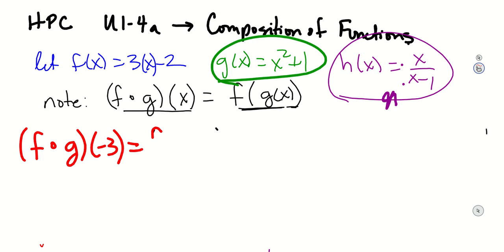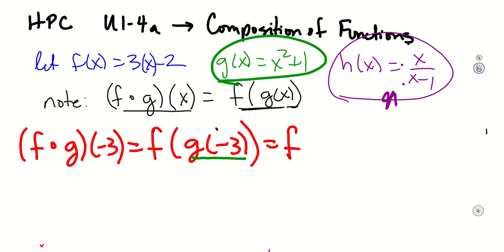When we simplify, we work from the inside out. So we're going to start with g of negative 3. So we have f of what we would get when we find g of negative 3. According to our g function, g of negative 3 would be negative 3 for x. We're going to square it and add 1.